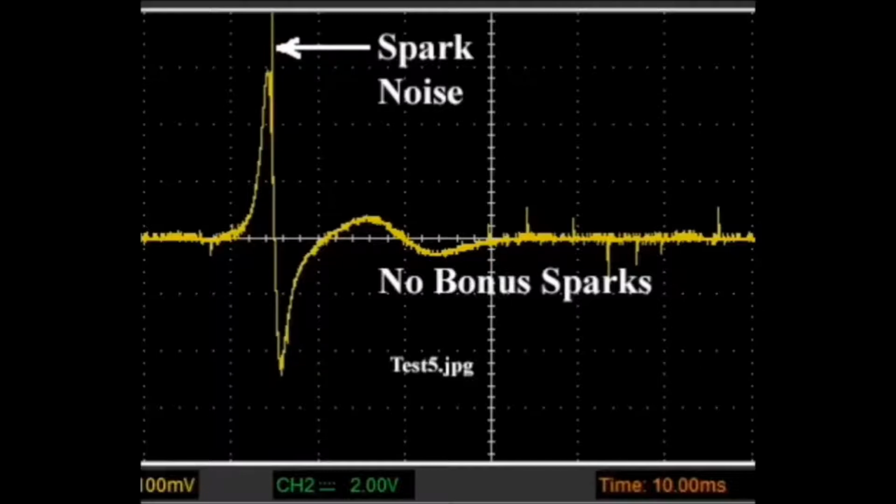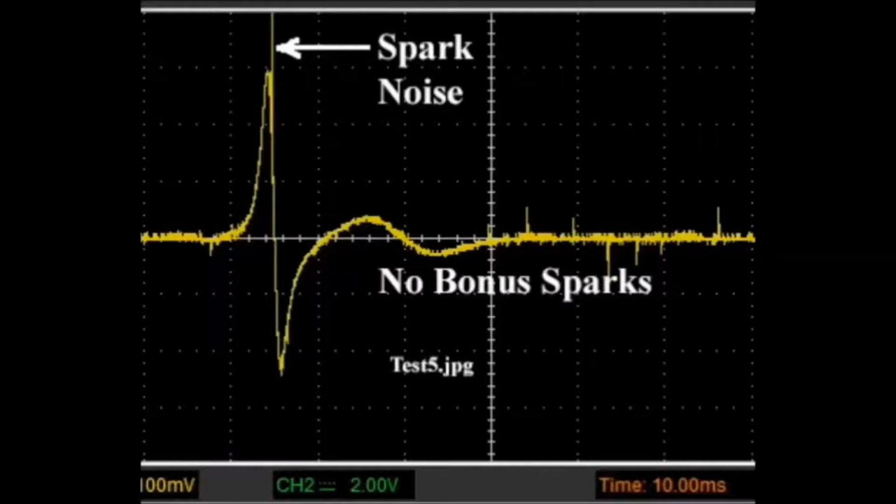And the control modules we're using are the newer design types, quite a bit different than the original 1980s Chrysler control module, and it appears here that they trigger the spark on this transition point between the positive pulse and the negative pulse.